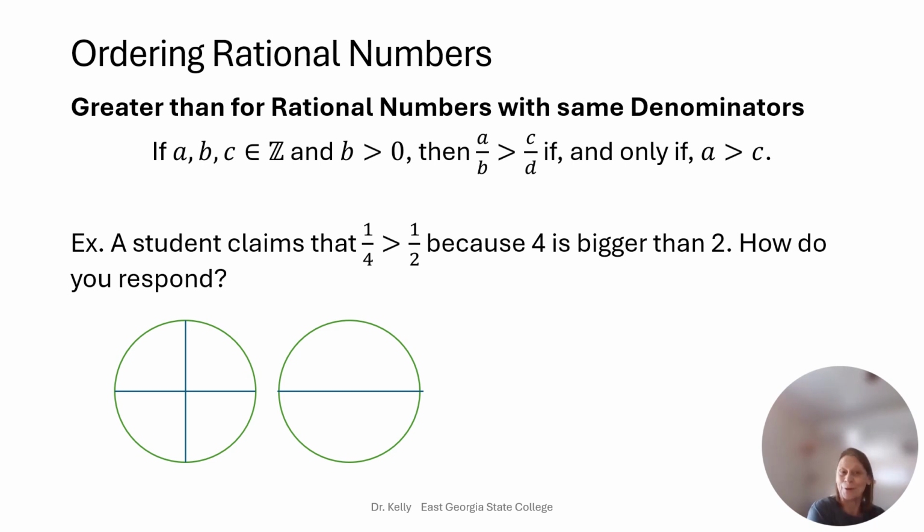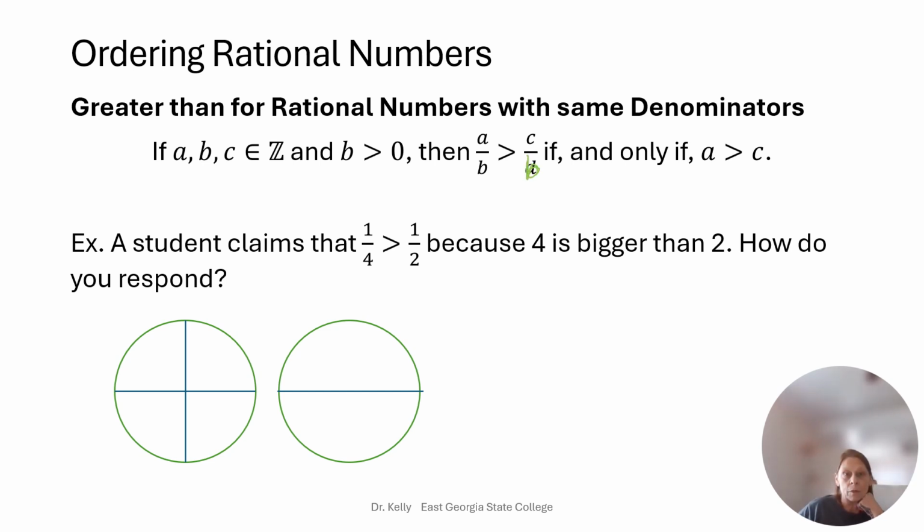There is this definition for greater than of rational numbers with same denominators, and it goes as this: if a, b, and c are elements of the integers and b is greater than 0, then a over b is greater than c over d if and only if a is greater than c. Okay, and that kind of goes without saying if both of the bottoms, and I'm sorry, I just found another error here, so let me fix this.